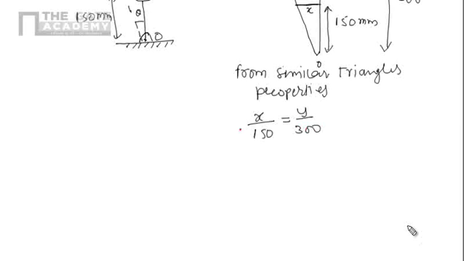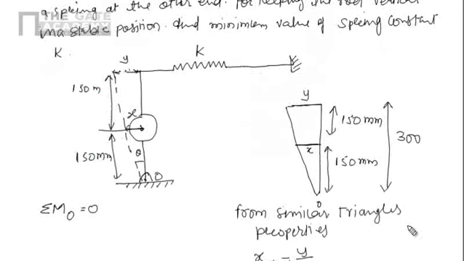So I will get y equals to 2x. So I'm having the relation y equals to 2x, and this system should be in equilibrium, so I can apply the conditions of equilibrium. That is nothing but algebraic summation of moments of all the forces about O should be 0. So here if we displace, the mass will come here, that is the weight mg.